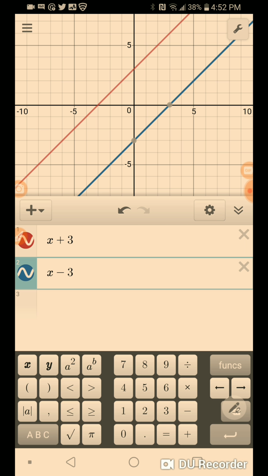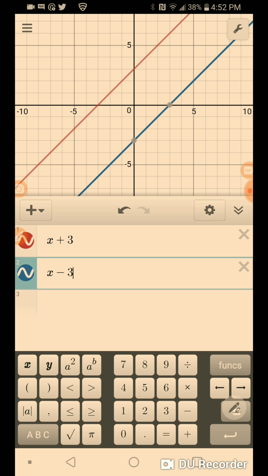That is y equals x minus 3. The negative number -3 is the y-intercept. So you can see that the graph is intercepting the y-axis at -3. Okay, these are the two basic functions for linear equation where we have two intercepts, y being negative and y being positive.